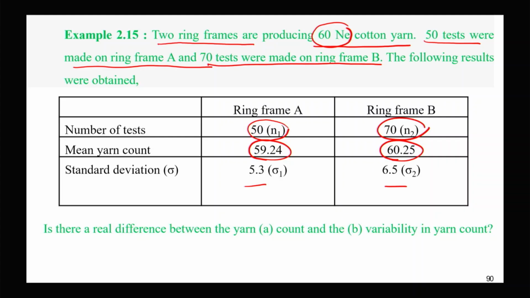Now what we have to calculate is whether there is a real difference between the yarns in terms of count and in terms of variability in count. 60 was the target, and we are testing 50 samples for ring frame A and 70 samples for ring frame B. Now why do you need this type of test?